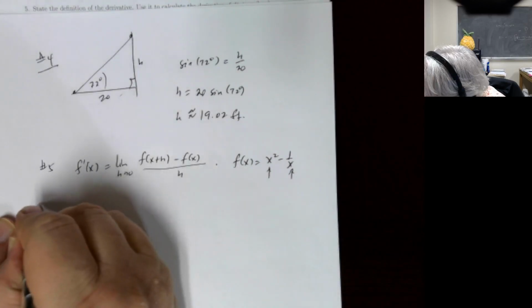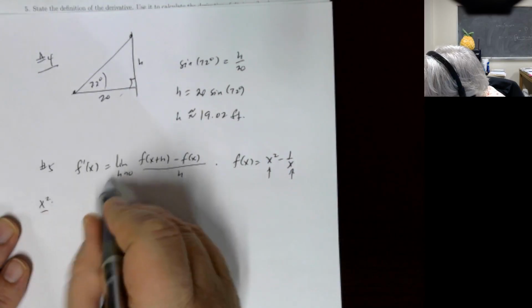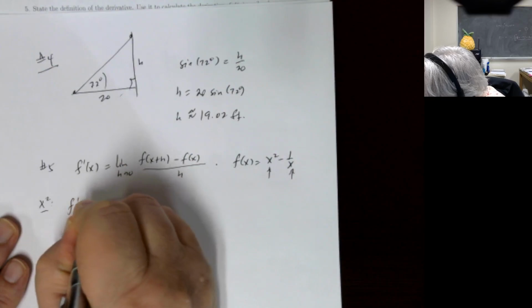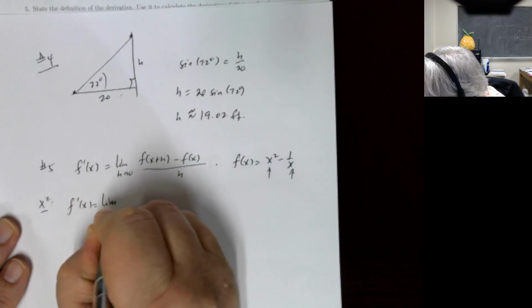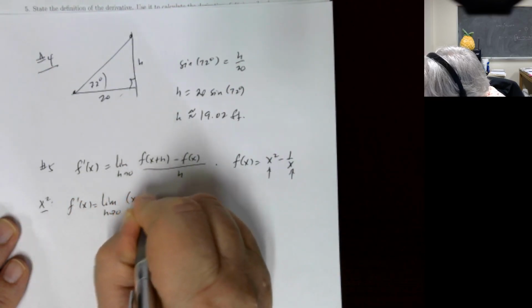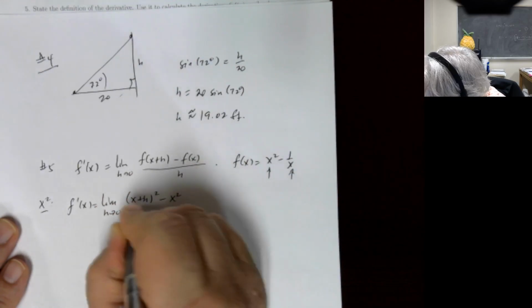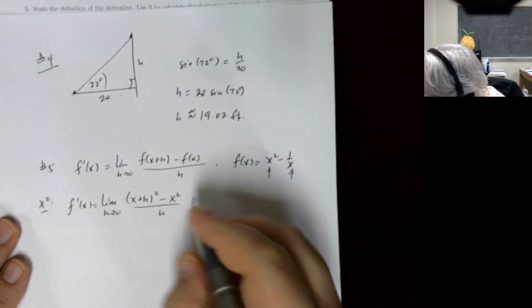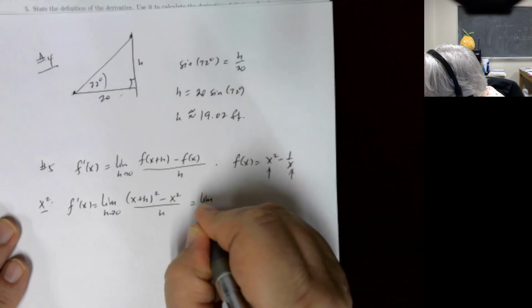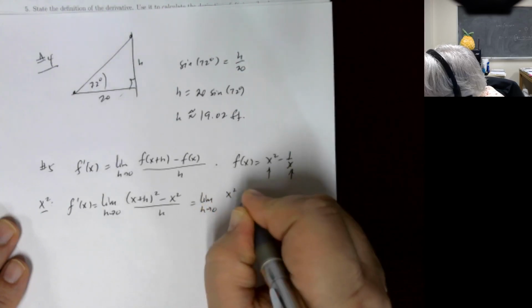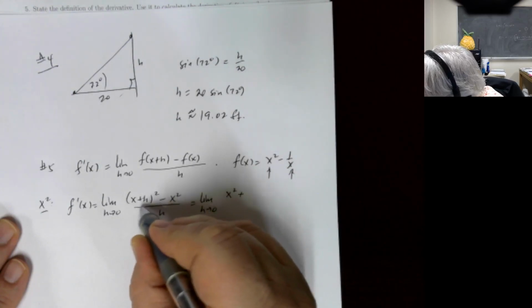So let's do x squared first. And so then my f prime of x is going to be the limit as h goes to 0 of x plus h squared minus x squared over h. We've done that one a few times. Limit as h goes to 0, then just multiply this out, FOIL this out.